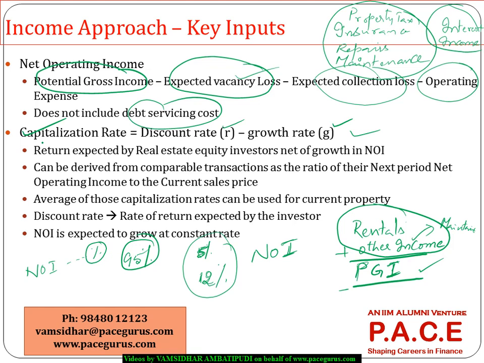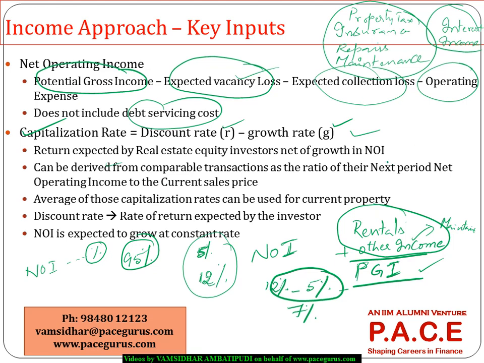So the way I define it, it is the return that is expected by the investor net of the growth rate in the net operating income. That is what we call the capitalization rate. Generally, people derive the capitalization rate from comparable transactions.